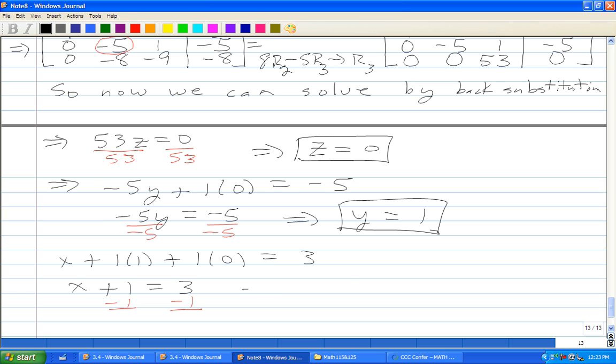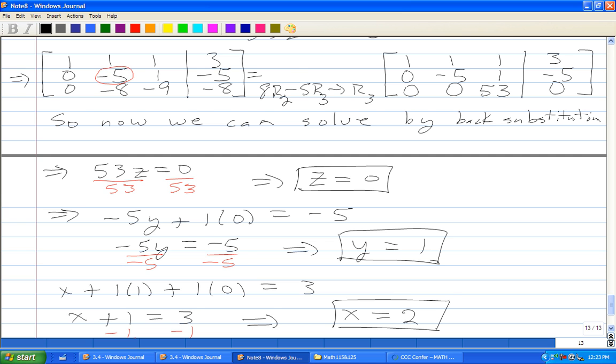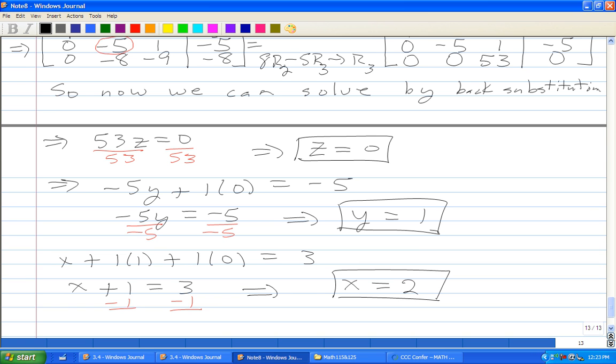And so I get x is equal to 2. And we're done. Of course, it would have been shorter if I didn't have all those previous steps for explaining it. But if you notice here, the actual solution is much shorter than what we've had in the past.